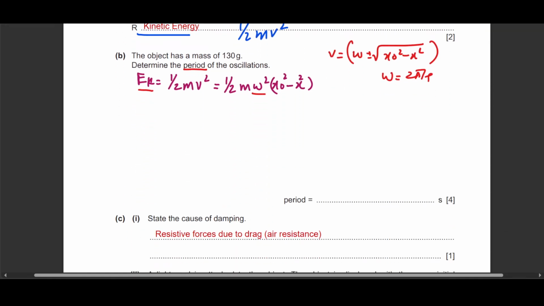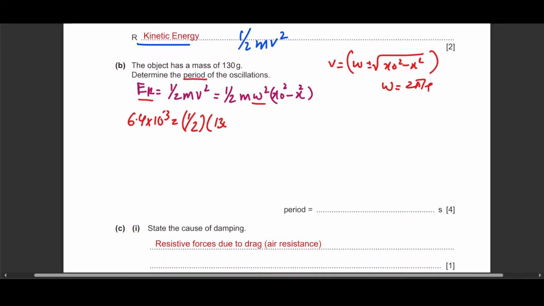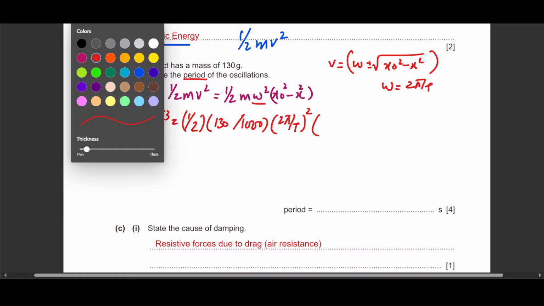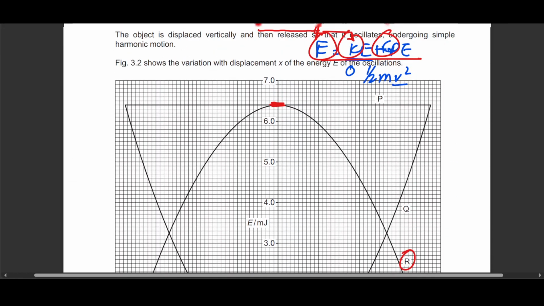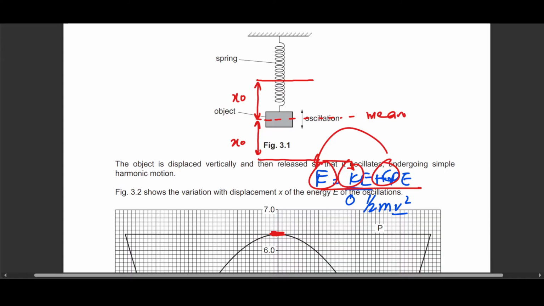So choosing that point gives me an answer from the graph of 6.4 times 10 to the power minus 3, equals 1 over 2, mass is 130 grams, so converting this into kilograms, 130 divided by 1000, into omega, which is 2 pi by T, whole square, into, since we are dealing with the maximum speed, this x variable becomes 0. Why? Because x is taken from other positions. Now x naught is the maximum amplitude. x would be an amplitude other than the maximum amplitude.